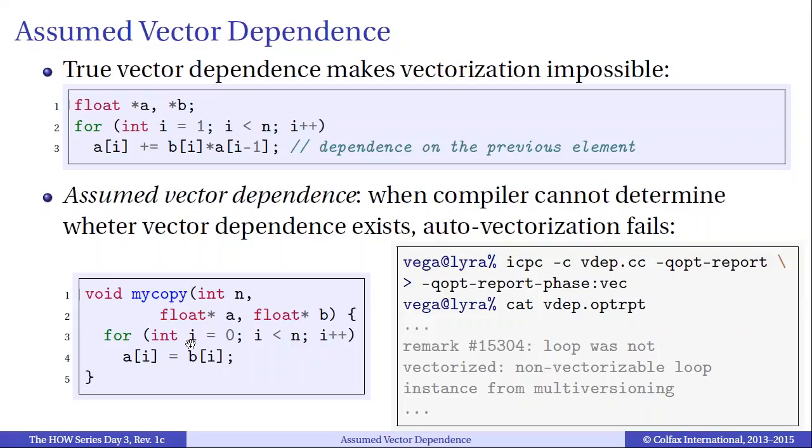You can load 16 values of B and store them in 16 values of A. But when I compile this loop, the optimization report will say loop was not vectorized, non-vectorizable loop instance from multi-versioning. What does that mean? It means that the compiler suspects vector dependence.